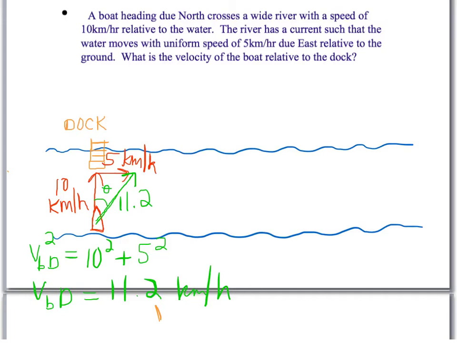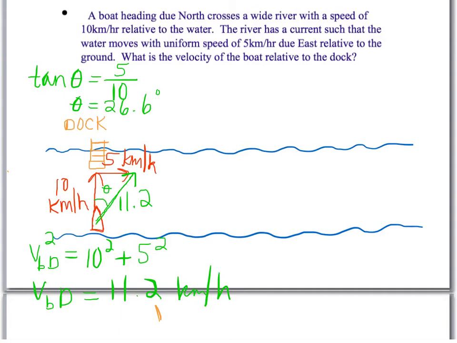And we could find that value by setting up a tangent function, where the tangent of that angle theta that we're looking for is going to be equal to the opposite, or the 5 kilometers per hour, over the adjacent, or the 10 kilometers per hour. Solving that, you'd find that theta is equal to about 26.6 degrees.